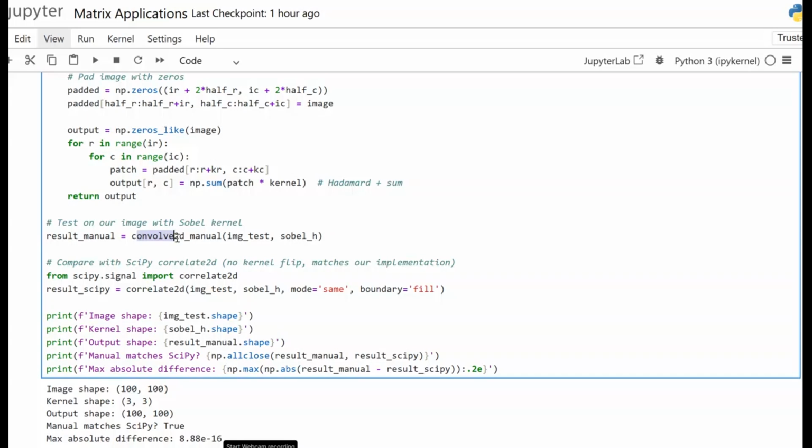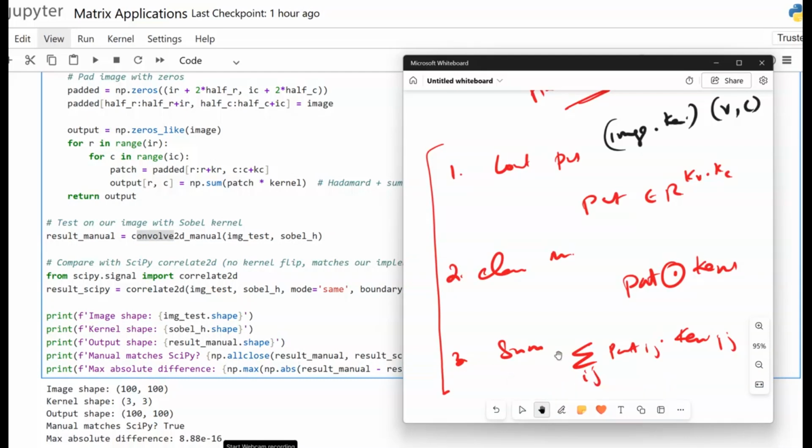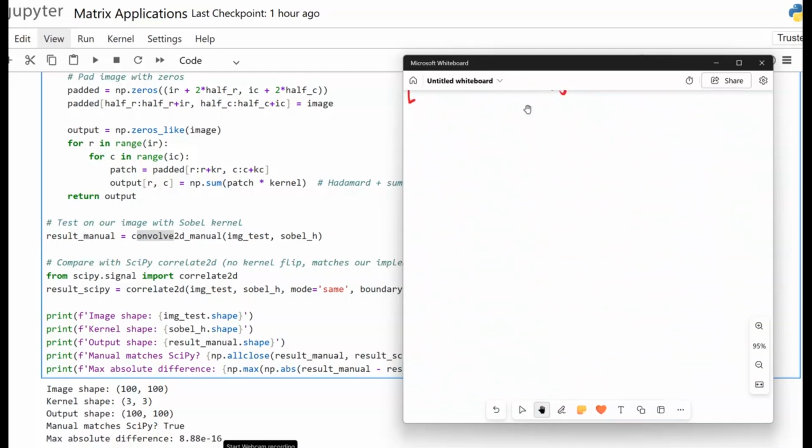As I have previously specified, we applied a double loop, which has complexity big O of NR times NC times KR times KC.